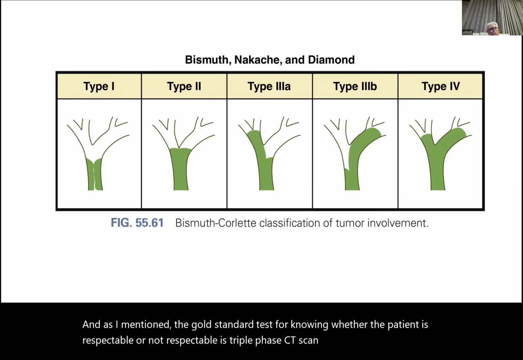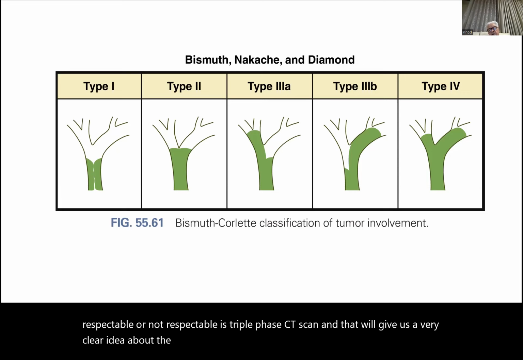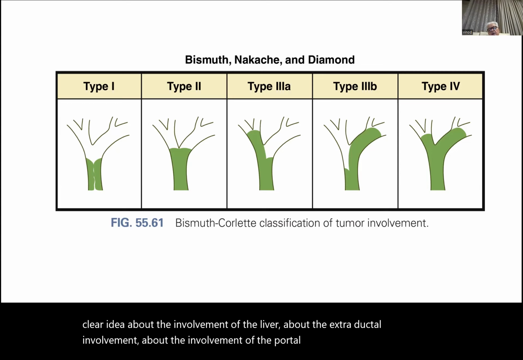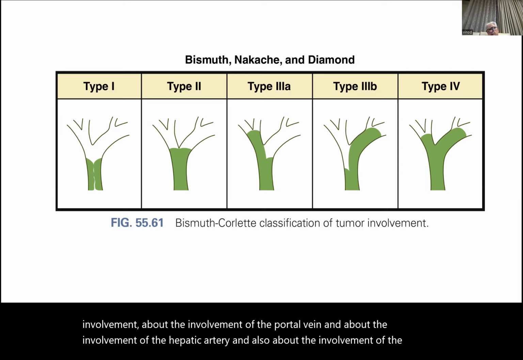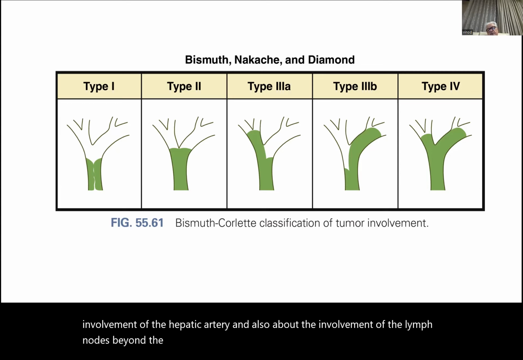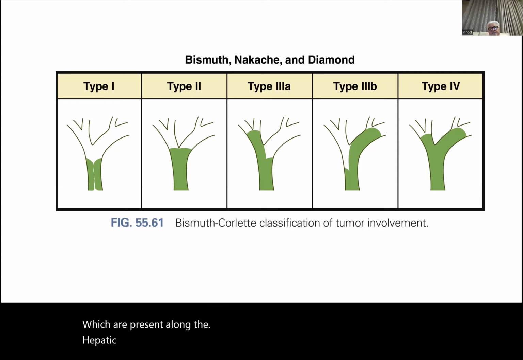And that will give us a very clear idea about the involvement of the liver, the extraductal involvement, the involvement of the portal vein, the hepatic artery, and also the involvement of the lymph nodes beyond the first order lymph nodes, which are present along the hepatic duct.